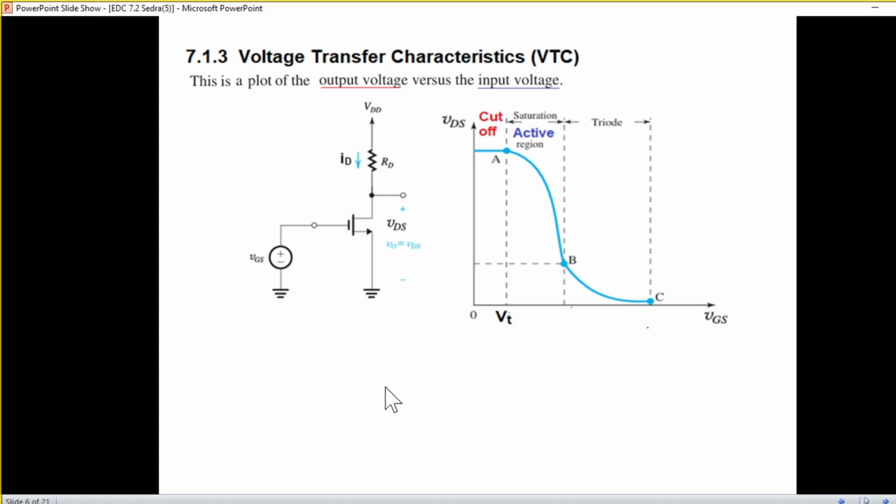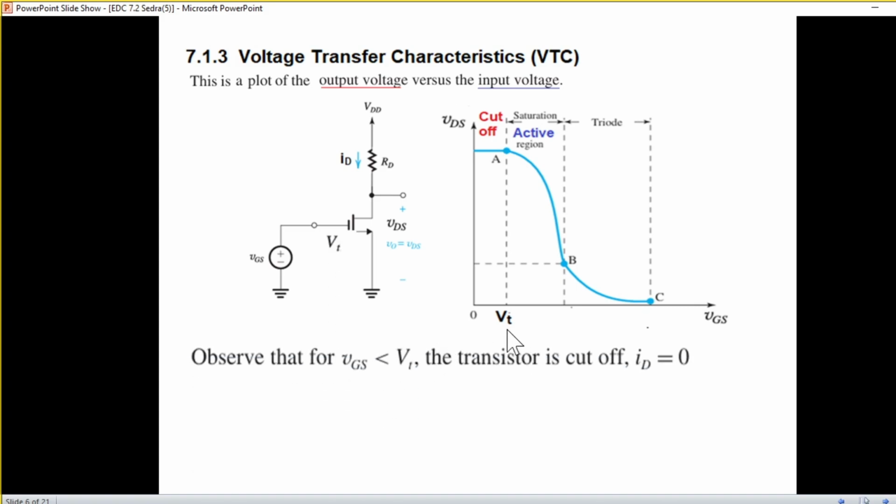A couple of things you have to note here. First of all, this point VT. Just as in case of a BJT you remember that VBE of 0.7 volt is taken for the transistor to turn on, in case of a MOSFET we call it the threshold voltage.